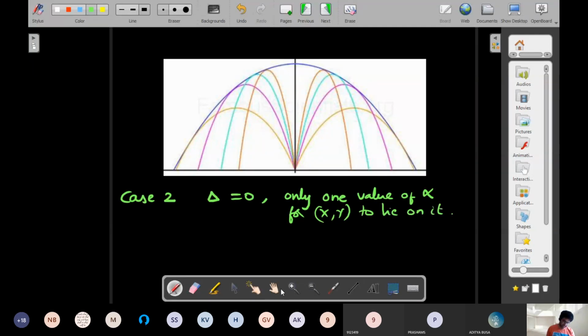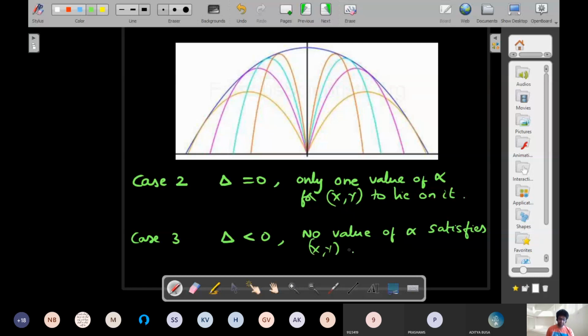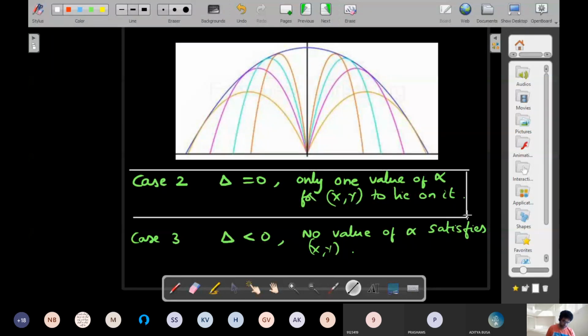And case 3, if you want to highlight, delta less than 0, no value of alpha satisfies (x, y). So if I want to highlight these on the picture that I have drawn above, this is case 2 and this is, let's say, case 3.